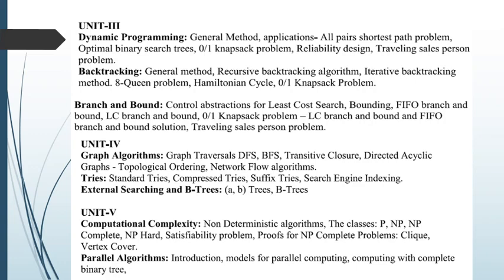The most important and famous problem in backtracking is the 8 queen problem, that is the chessboard 8 queen problem. And we are going to see the Hamiltonian cycle, and next the 0/1 knapsack problem.